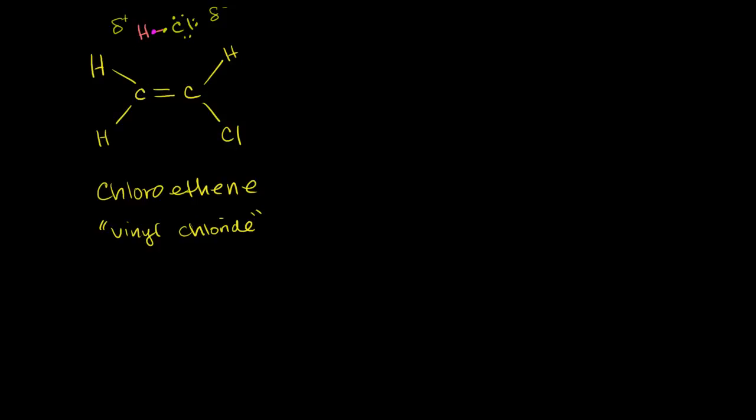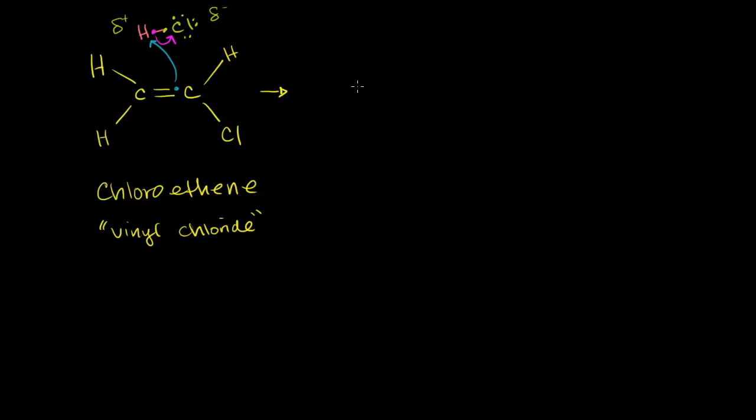So let's draw it out. Let's say this carbon's electron is that blue thing right there. We could draw it like this. It goes to the hydrogen, and then the hydrogen's magenta electron goes to the chlorine. This is just a plausible mechanism. Now, once that happens, what will our setup look like?